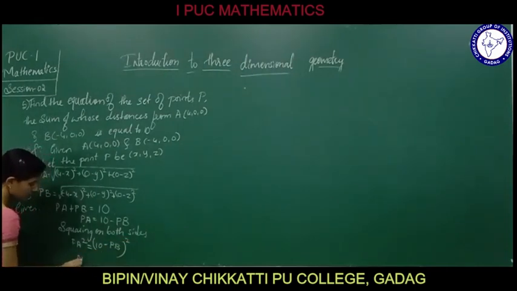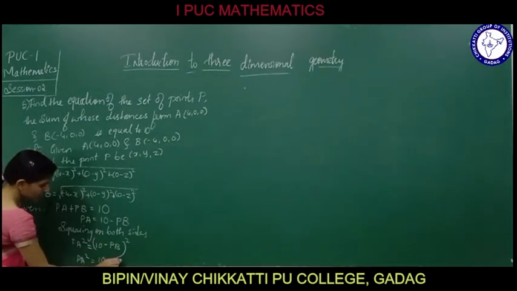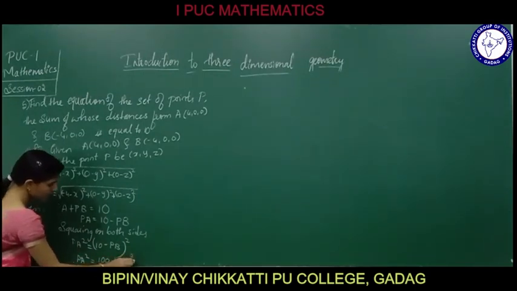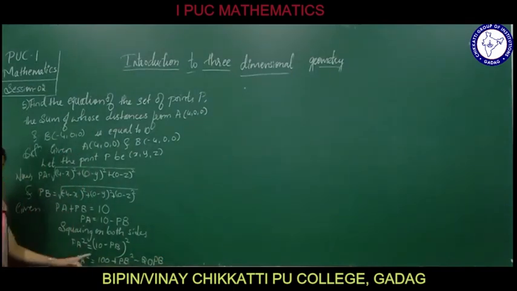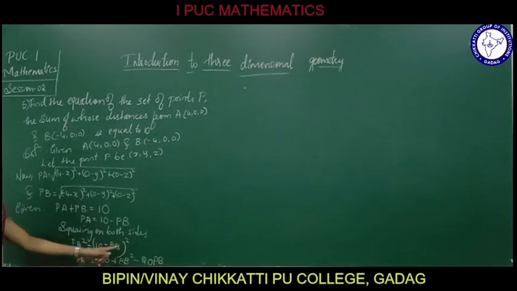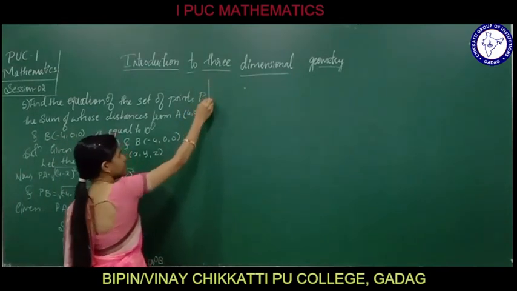Nothing but PA square will be equal to 100 plus PB square minus 20 PB. Use a minus b whole square: a square plus b square minus 2ab. 2 into 10 is 20, 20 into PB is going to be 20 PB.